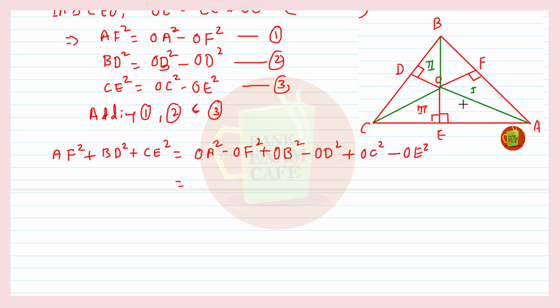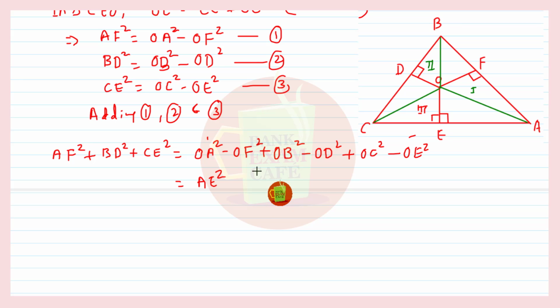So OA square is equal to OE square plus EA square. So OA square minus OE square will be equal to AE square, so this can be replaced as AE square.